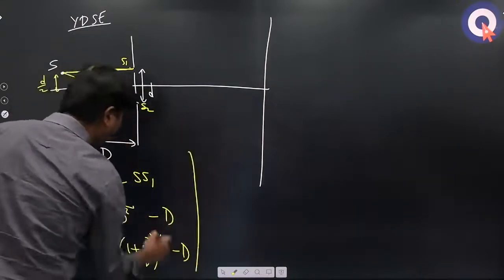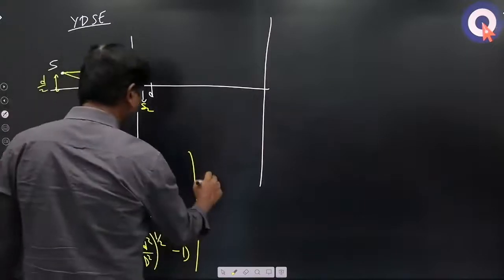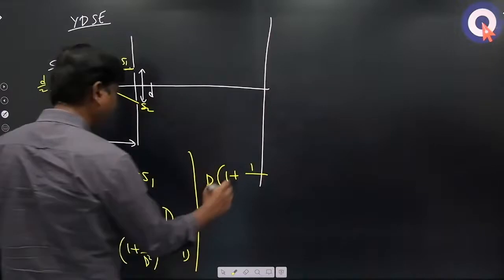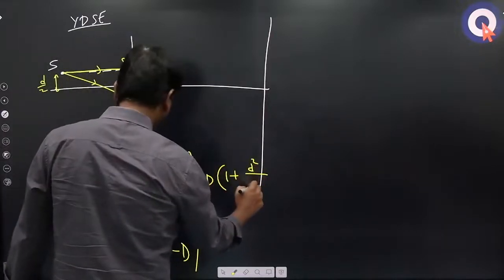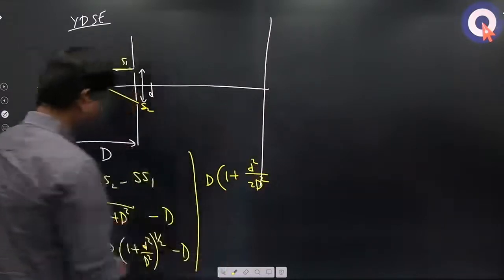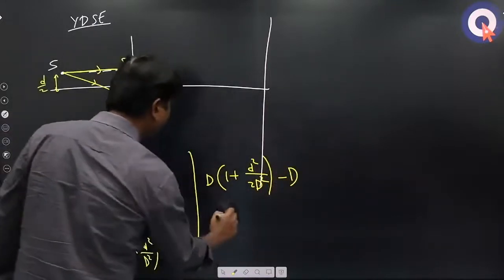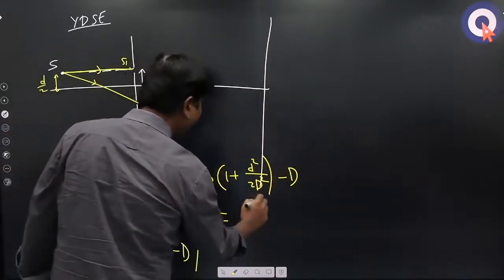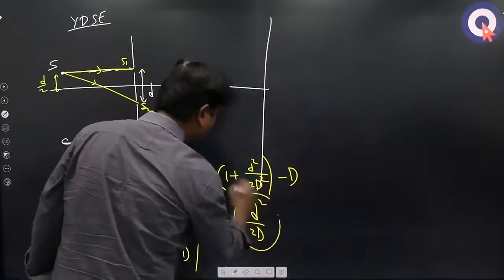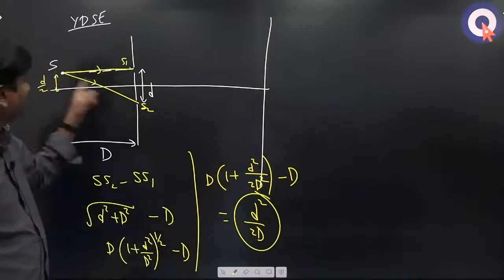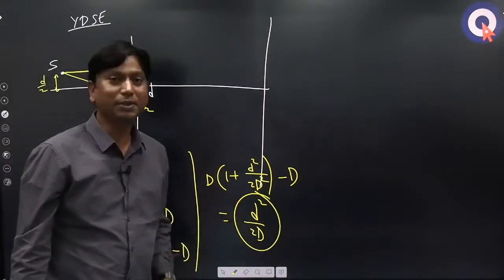Applying the binomial approximation, capital D into 1 plus d square by 2 capital D square, minus capital D. That gives d square by 2 capital D. This will be the geometrical path difference SS2 minus SS1.